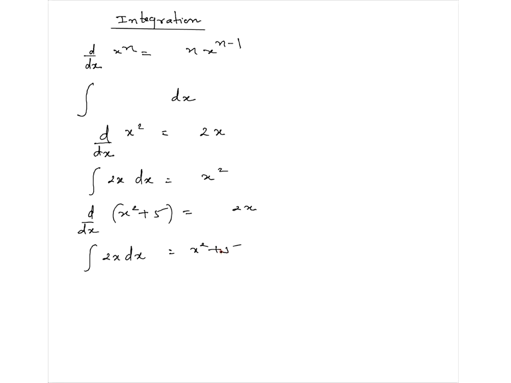X square plus 5, x square plus 10, x square plus 1000. Answer can be anything. So what is integral 2x? We are not definite about the answer. It could be x square plus anything, any constant. Anything means any constant. X square plus any constant.